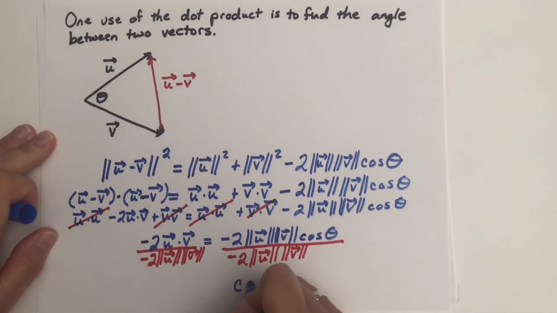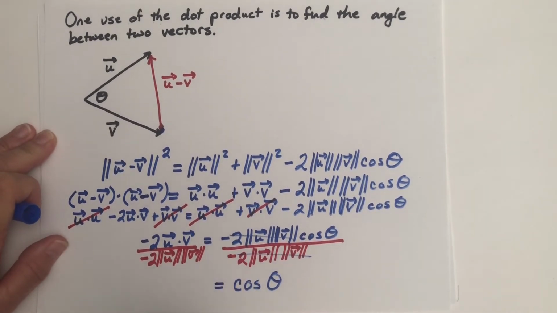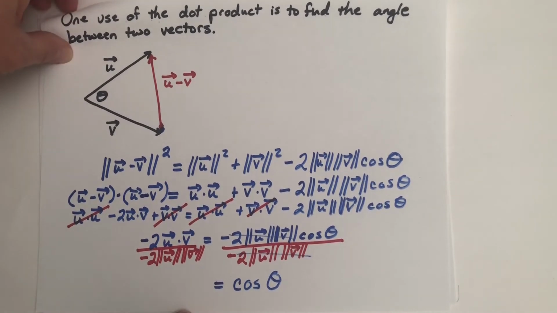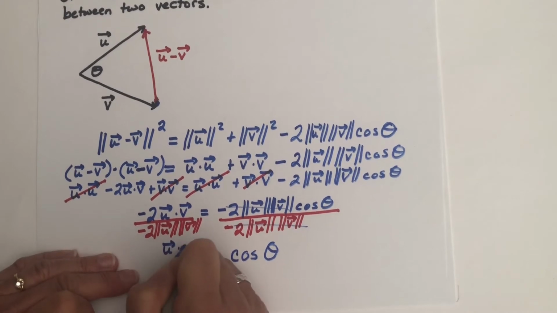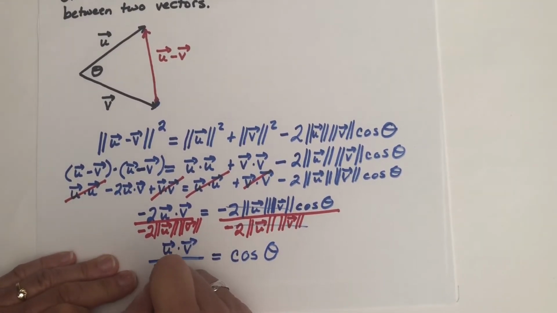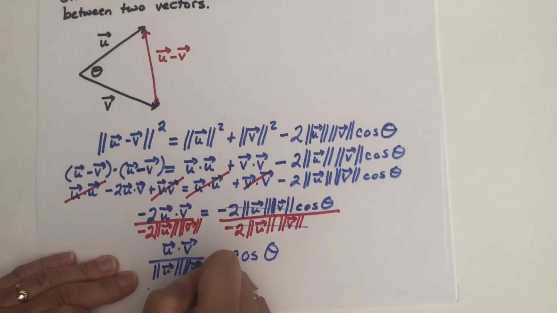We have the cosine of theta, because all of this cancels. Cosine of theta equals, and on the left-hand side, notice those negative 2s cancel. We have u dot v over the magnitude of u times the magnitude of v.